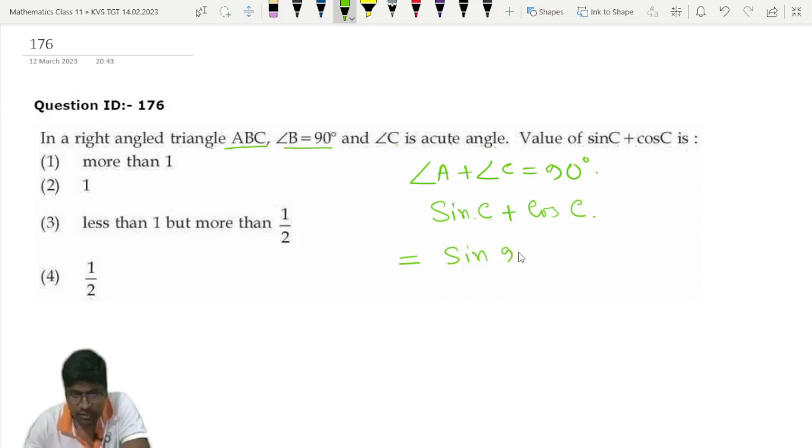Sine of (90 degree minus A), but will that give us any benefit? 90 degree minus A plus cos C, that is equal to cos A plus cos C. Okay, cos A plus cos C.